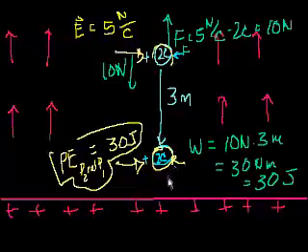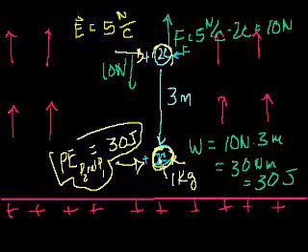Let's say it has a mass of 1 kilogram, and we were to just let go of it, right? We used some force to bring it down here, and then we let go. So we know that the electric field is going to accelerate it upwards, right? It's going to exert an upward force of 5 newtons per coulomb, and the thing's going to keep accelerating until it gets to this point, right?